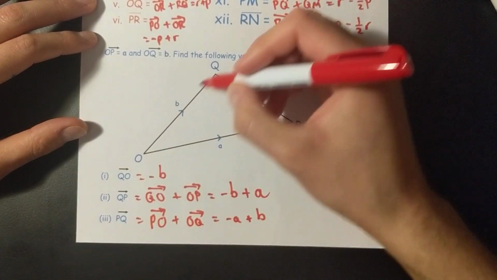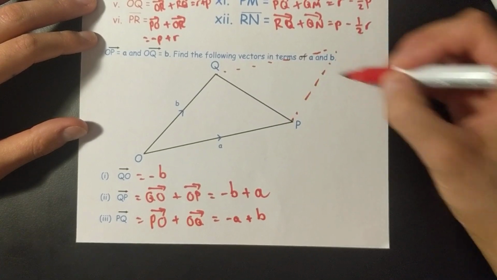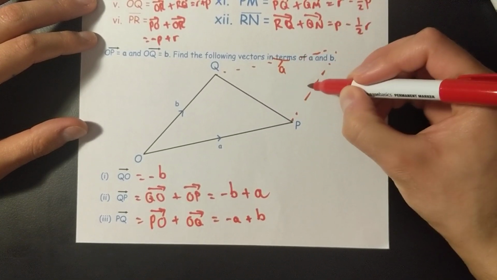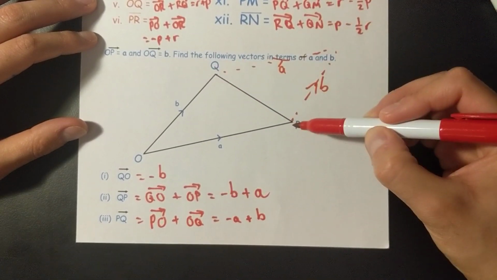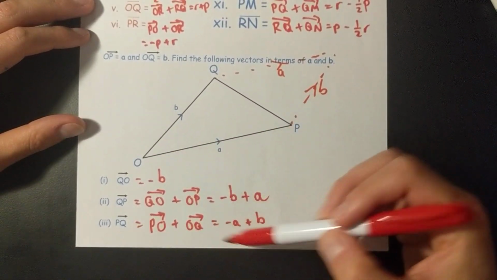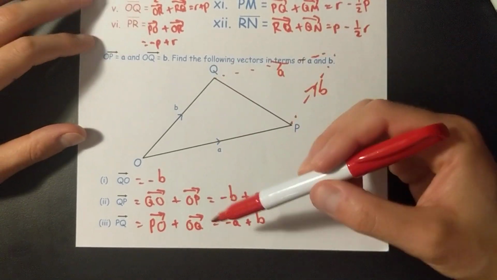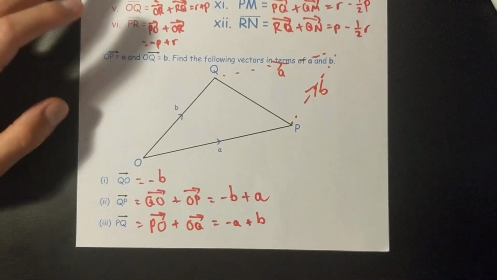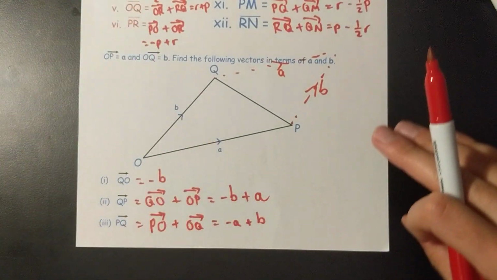Here I could have pretended it was a parallelogram where that is also A and that is also B. So this one I could have gone A and then minus B. This one here I could have done B minus A. As long as we're working in terms of A and B, we're going to be correct. And again, the order with the adding and subtracting is not important.